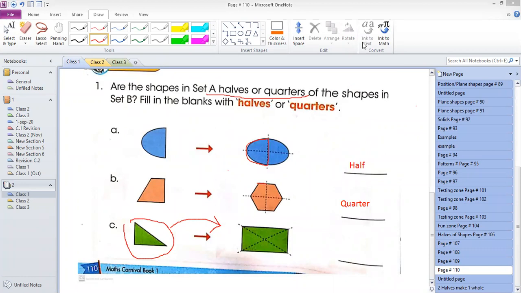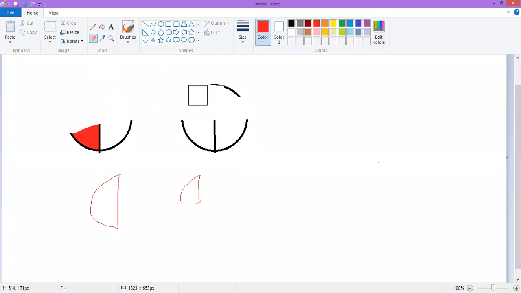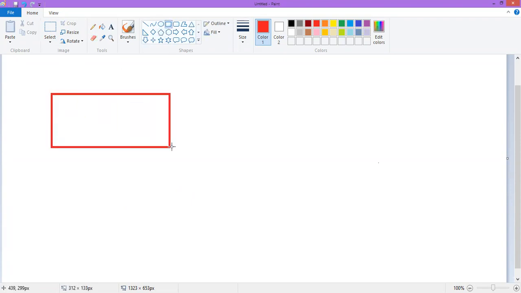Okay, guys, I'll show you whether it is a half or a quarter. Let me erase it first. I'm going to draw two rectangles here and divide them into 2 and 4 equal parts for you. It will be very easy for you to identify them. This is one rectangle. I divide it into 2 equal parts first.